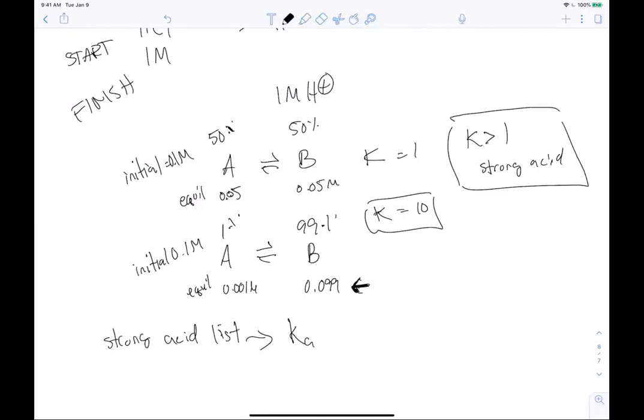I think you mentioned it, but when Ka and Kb are less than 5%, they're insignificant, correct?